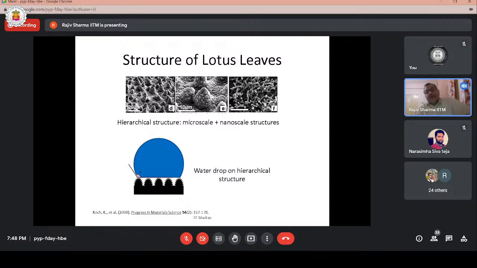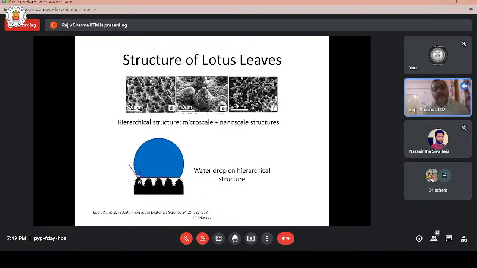And then think of that and try to put the water drop on it. And you will find that the water drop looks like this. So there is no contact of the water drop with the surface because these are micro, mini, nano protrusions which are present on the skin or on the base.